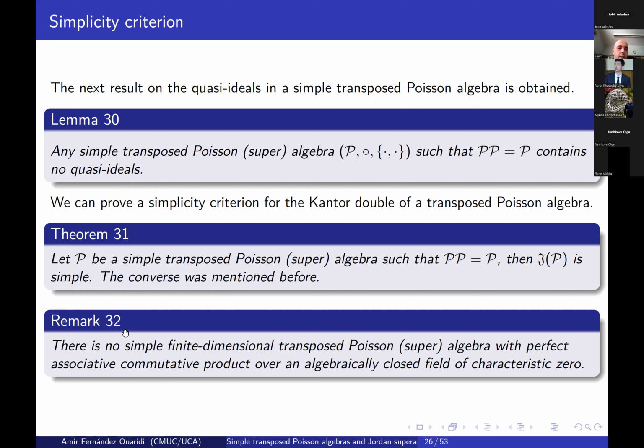We know this just by looking at the classification of the simple Jordan superalgebras over an algebraically closed field of characteristic 0 that was given by Kac. But what happens with the simple ones that do not have perfect associative commutative product? We don't know.